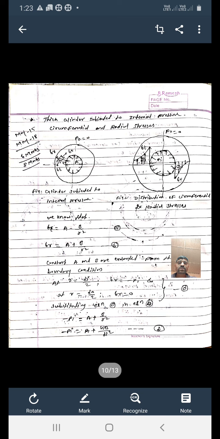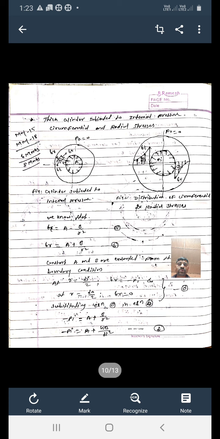This was asked in May 15 and May 18 for 6 marks and 8 marks. Okay, circumferential and radial stresses: how to calculate them again? I have drawn two different figures.